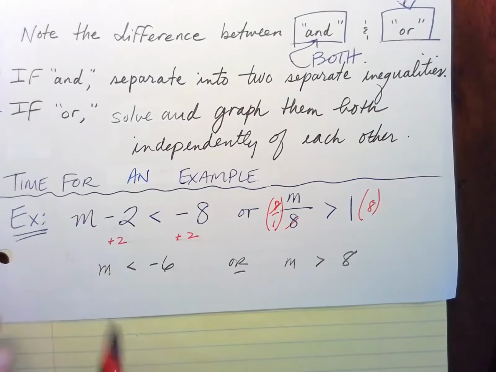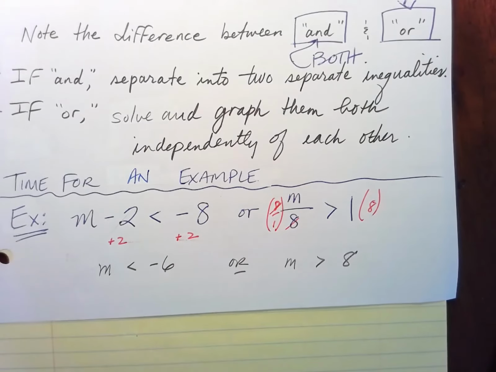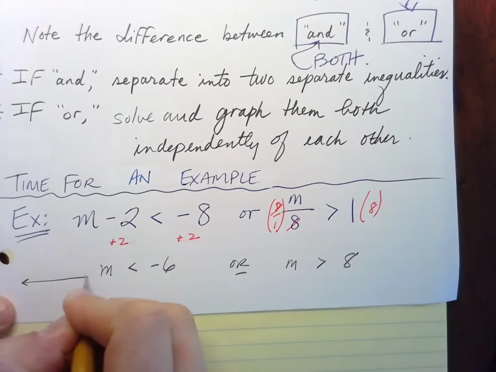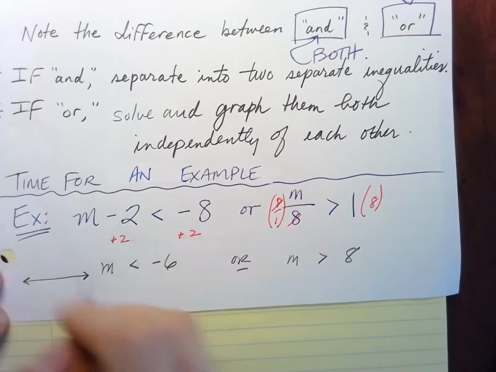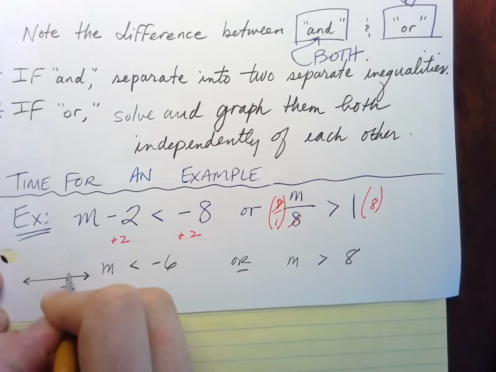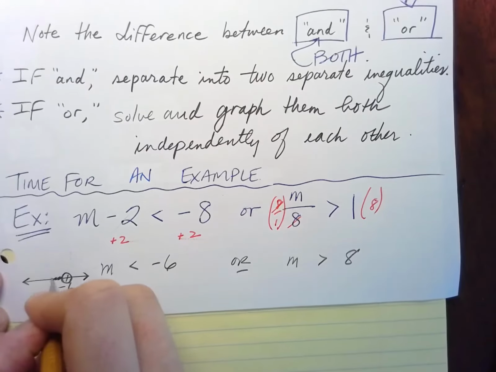Now think about this. M is less than negative 6, so this is a negative number and it's less than, so it's going to keep on going down, right? Or m is greater than 8. This is a positive number and it's greater than, so it's going to keep going up. So let's look at what these would look like individually. If I tried to graph this here, m is less than negative 6, I would find my negative 6 right there, and it would be an open circle, but I would be shading this way, right?